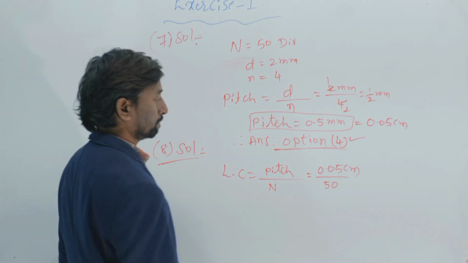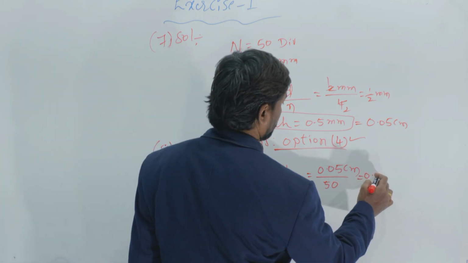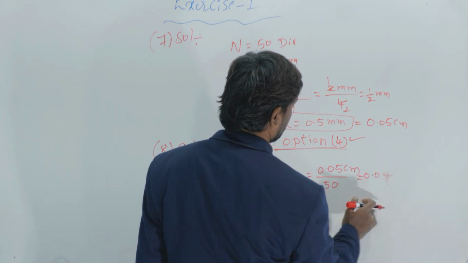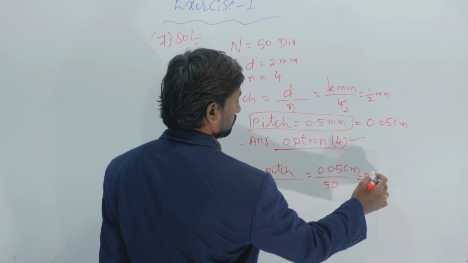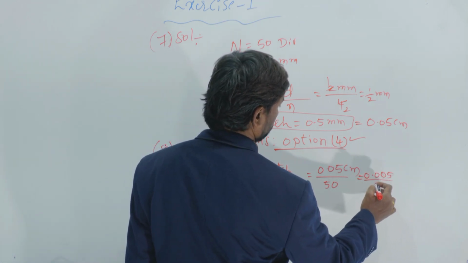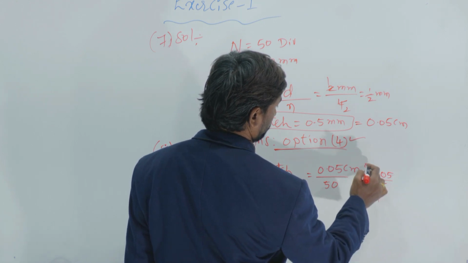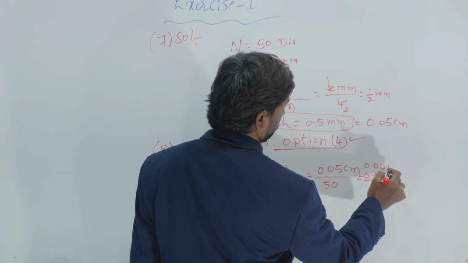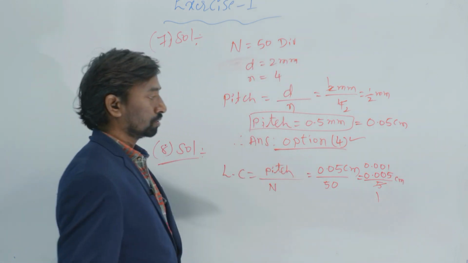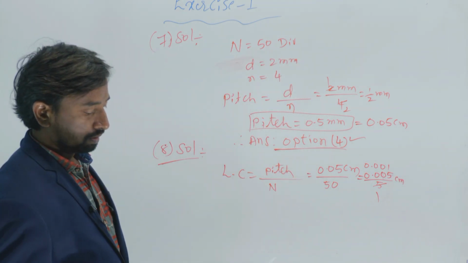So we will write here 0.05 divided by 50. We can write it like this: 0.05 divided by 5, and we get 0.001 centimeter.